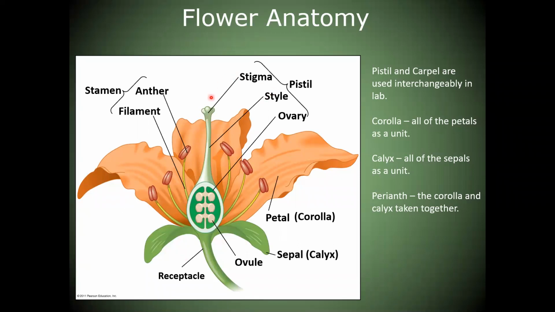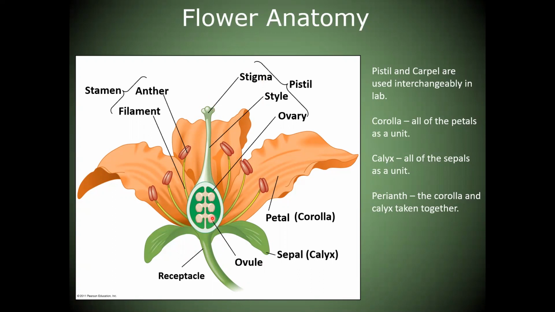So pistil has three parts: stigma, the head of the pistil, the stalk-like part, style, and the bottom rounder part, ovary. Ovary is a pretty important part because that's where you see the ovule. Ovule, as it matures upon being fertilized, becomes the seed.